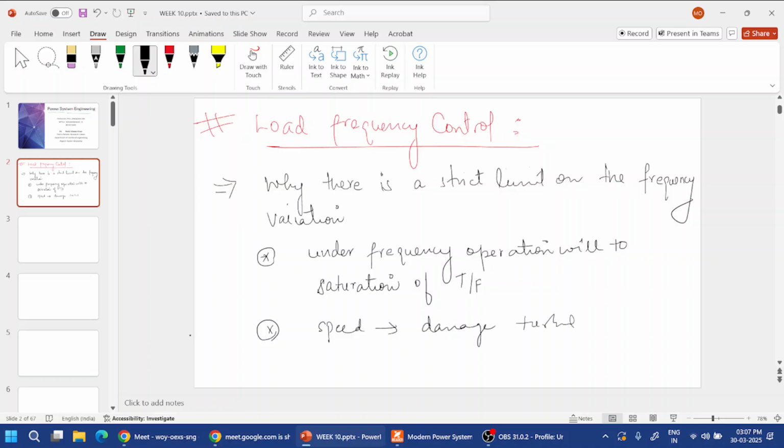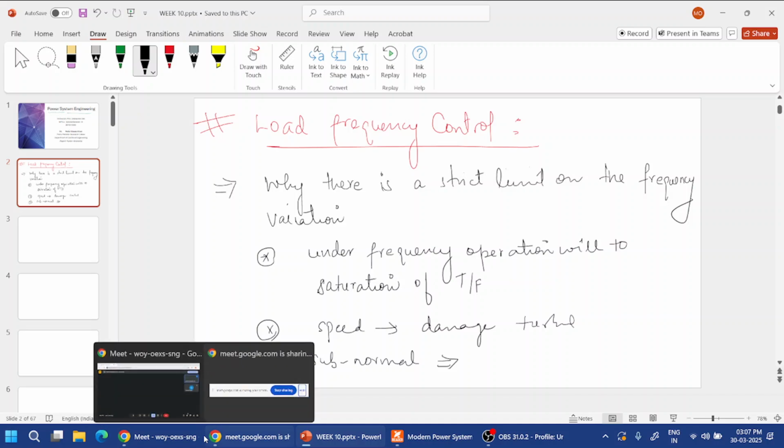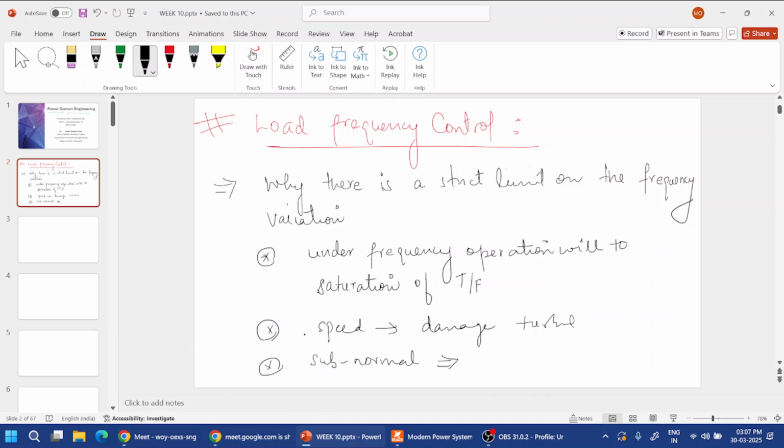Another most important thing is that subnormal frequency operation leads to a reduction in the load demand, and the system will not be able to supply the appropriate load demand.